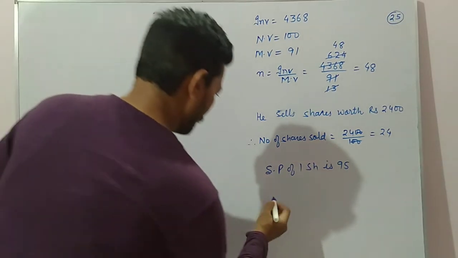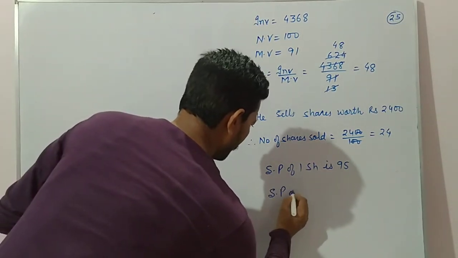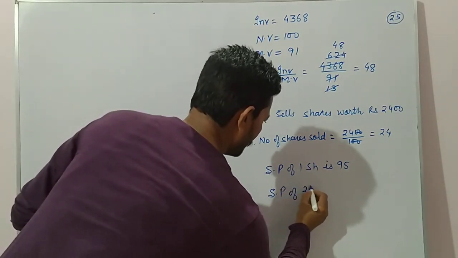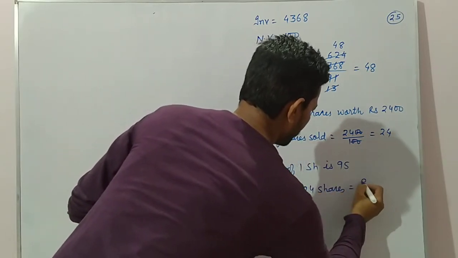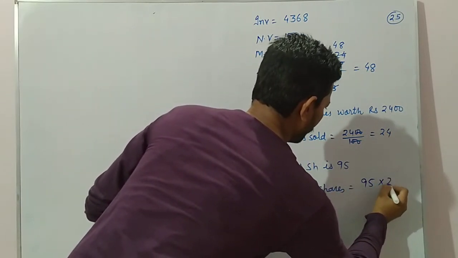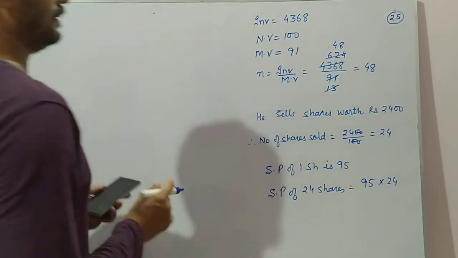Therefore, SP of 24 shares, that is 95 into 24.